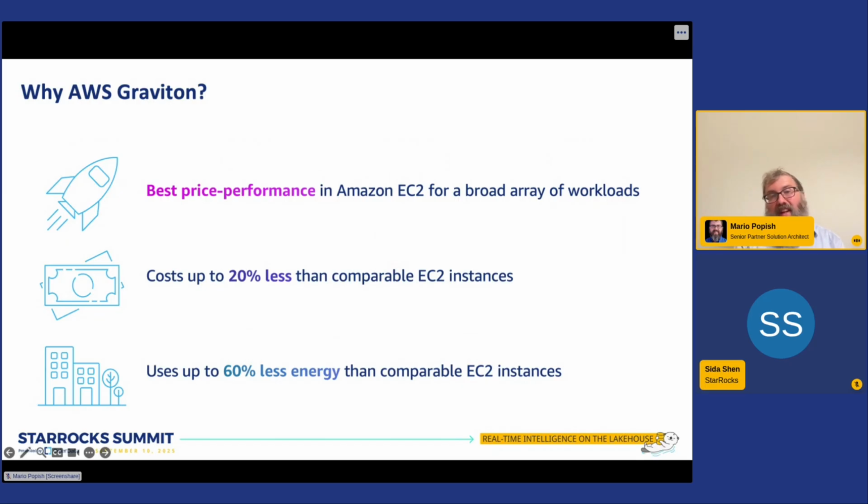It costs up to 20% less than comparable EC2 instances. One of the biggest benefits is that it actually uses 60% less energy than comparable EC2 instances, and that's really where a lot of the cost savings comes in, as energy is very expensive. It's a big cost in running data centers, so using less energy allows us to sell Graviton at lower cost.